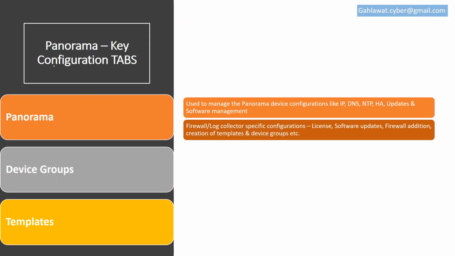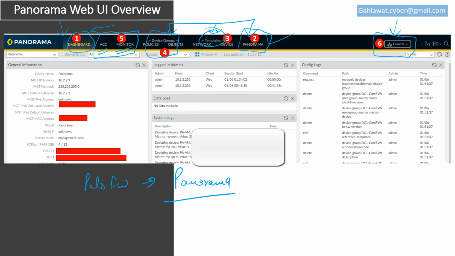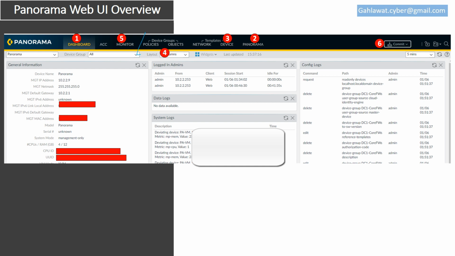The key configuration tabs, as we mentioned earlier, from Panorama are: the first one is the Panorama tab, then the device groups, and then the third one is the templates. When an admin logs into the Panorama for the first time, unless these device groups or templates are configured, these specific 4 tabs, like the policy and the objects tab under the device group, and the network and the device tab under the templates, are not visible.